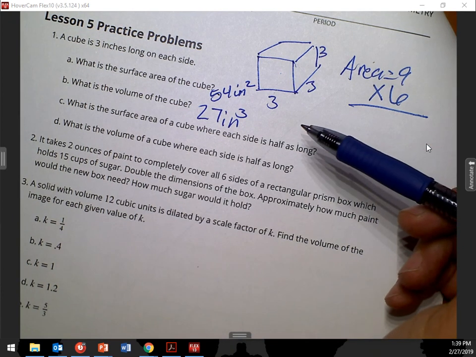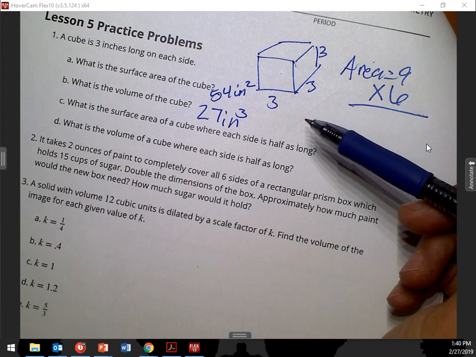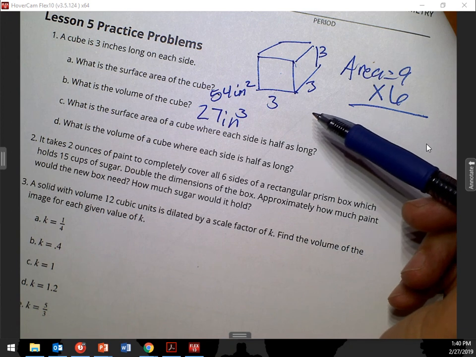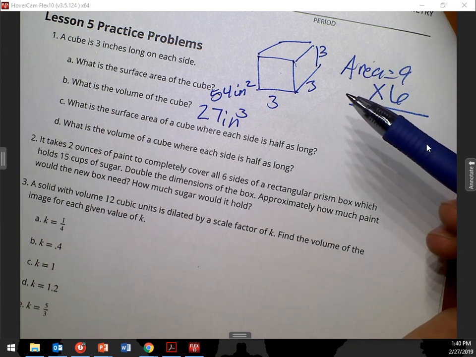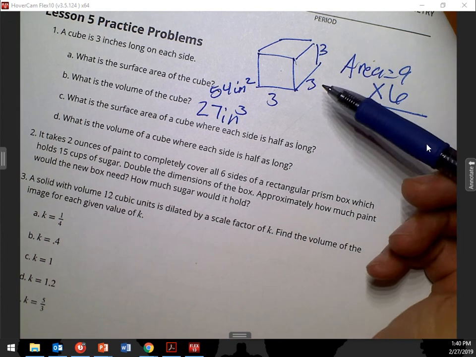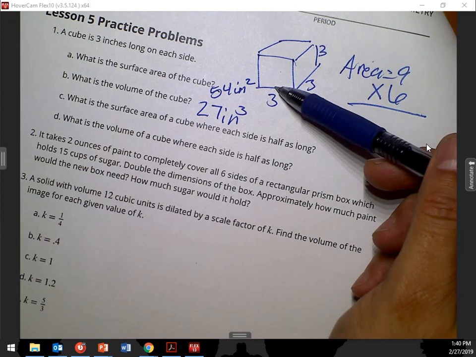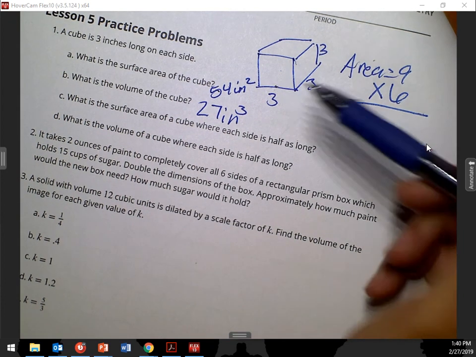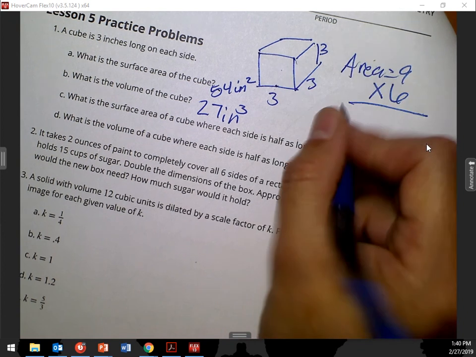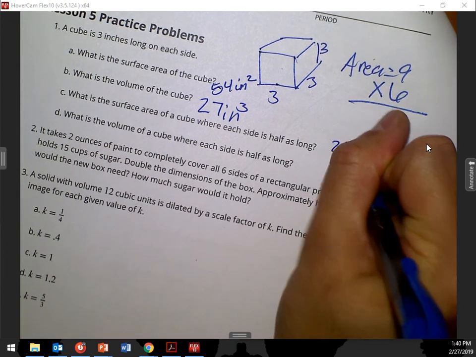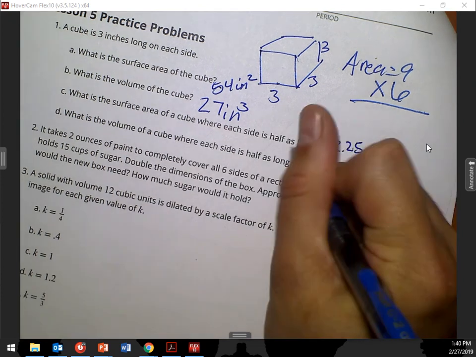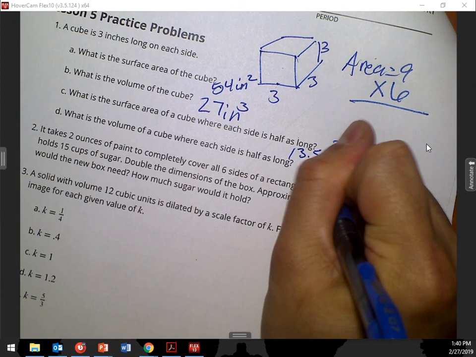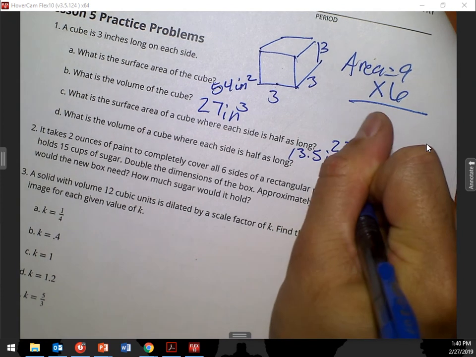Find the area first. If you did the area then you get 2.25. Okay, so it's going to be 2.25 times 6, and then you get 13.5. 13.5, and that's inches squared.